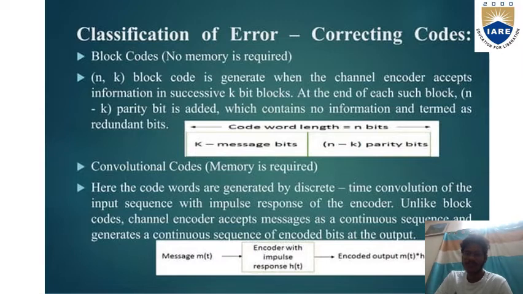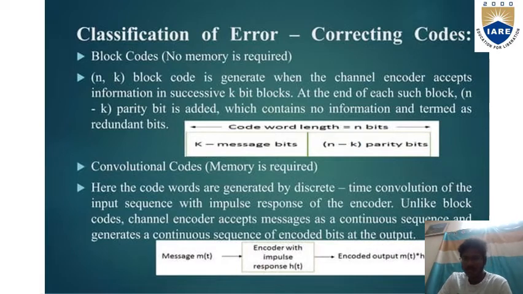The second one is convolutional code, where memory is required. Here the code words are generated by discrete time convolution of the input sequence with the impulse response of the encoder. Unlike block codes, the channel encoder accepts messages as a continuous sequence and generates a continuous sequence of encoded bits at the output.